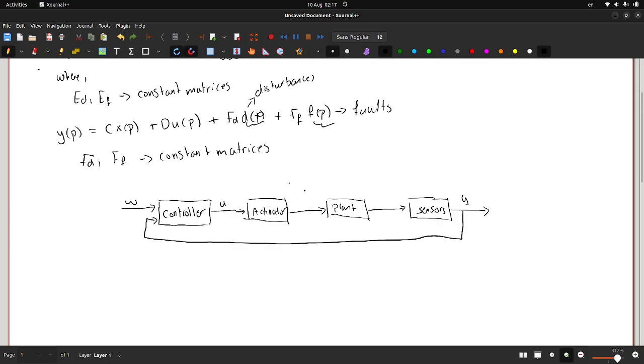Now we have three different faults. First is actuator faults, which we denote as F_A. Plant faults, which we denote as F_P. And sensor faults, which we denote as F_S.